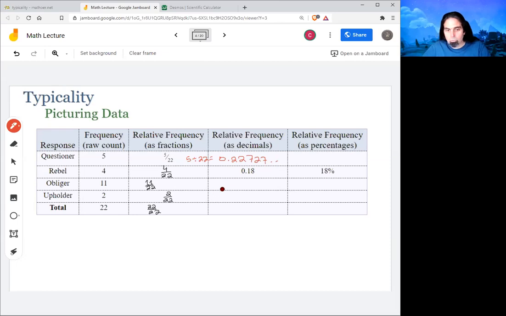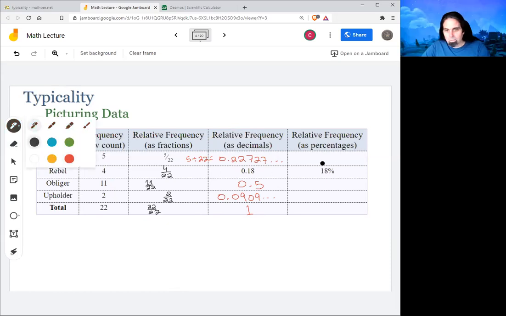And so on and so forth. 11 divided by 22, well, that's going to be half. 2 divided by 22, that's 0.0909 repeating. And 22 out of 22, that's just going to be all of it. Everyone okay here? Yeah.